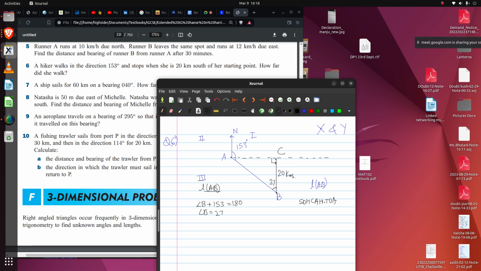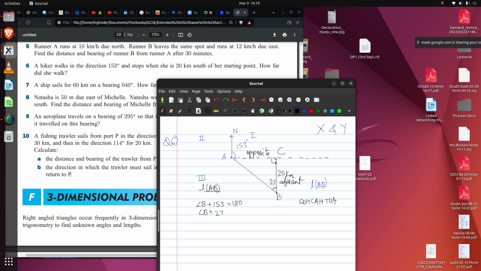So I know the 27 degrees. How do I use this information? You can label the adjacent of 27 and the opposite of 27, right?